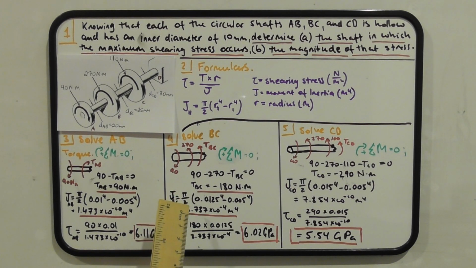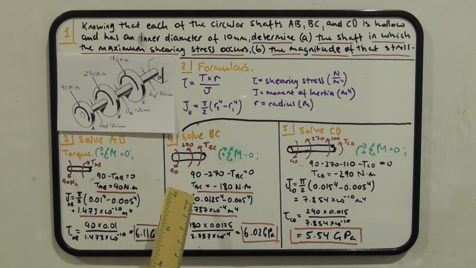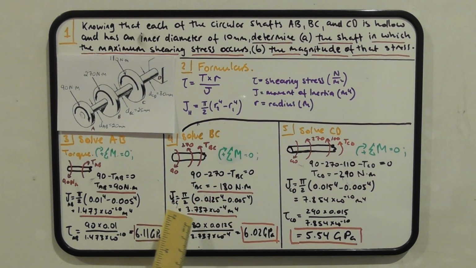And then the moment of inertia will be half of that diameter in meters, which is 0.0125 to the power 4, minus half of that diameter in meters, 0.005 to the power 4, multiplied by pi on 2, giving that value. And then the shearing stress BC will equal 180 times 0.0125 divided by that value for moment of inertia, giving us 6.02 GPa.